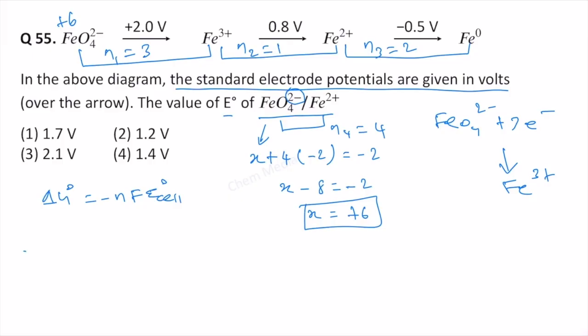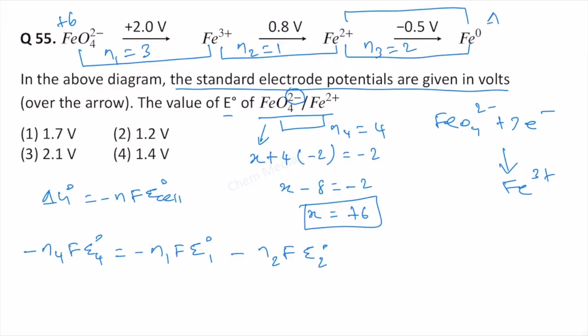So, we can write it this way: minus n4 F E4 cell that we need to calculate is equal to minus n1 F E1 cell minus n2 F E2 cell. By the way, we do not need to involve delta G3 standard here, because the question is asking plus 6 to plus 2 oxidation state, what is the E cell value? Therefore, we do not need to involve this process.